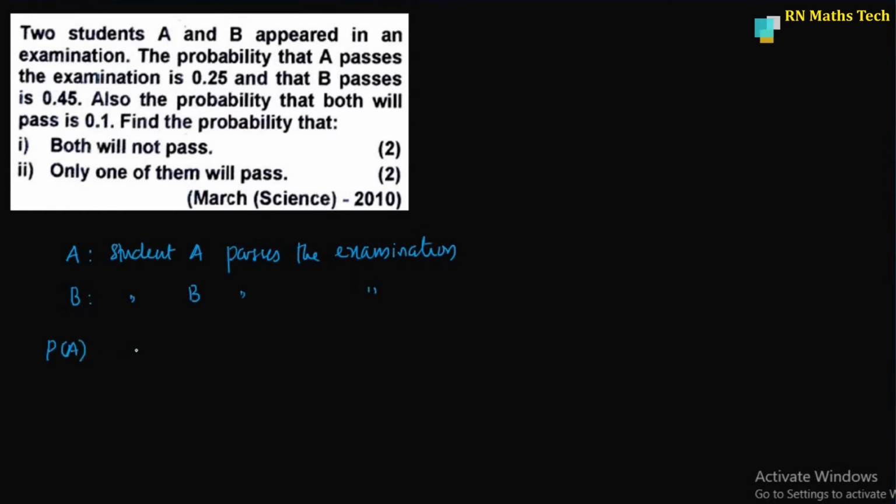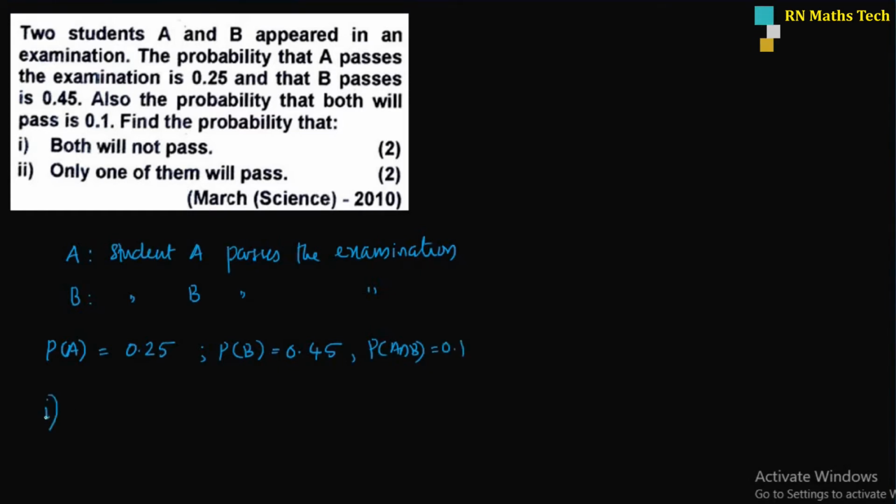P of A is 0.25, then P of B is equal to 0.45 and P of A intersection B is equal to 0.1.